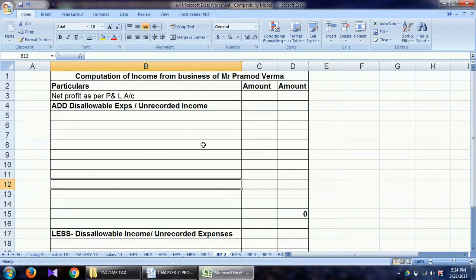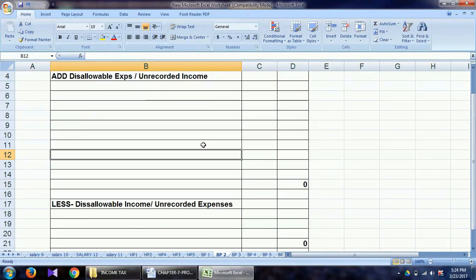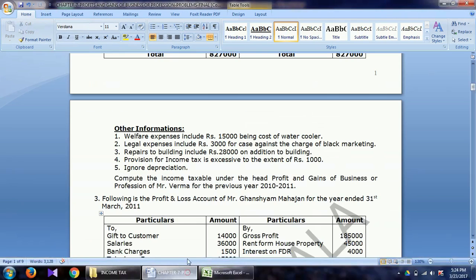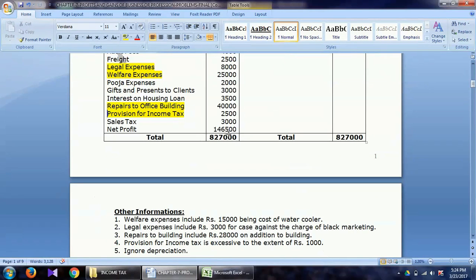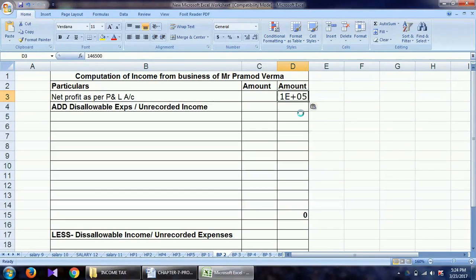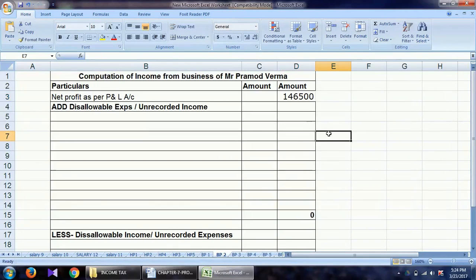We have prepared a format which is required for solving these kinds of problems. We will start with the net profit appearing in the profit and loss account. Just look at the problem. Net profit is 1,46,500. I'll just take this amount and write it here, 1,46,500.